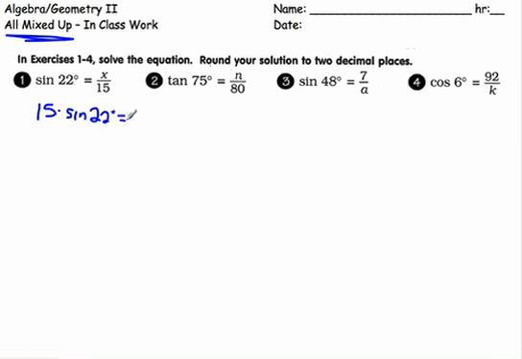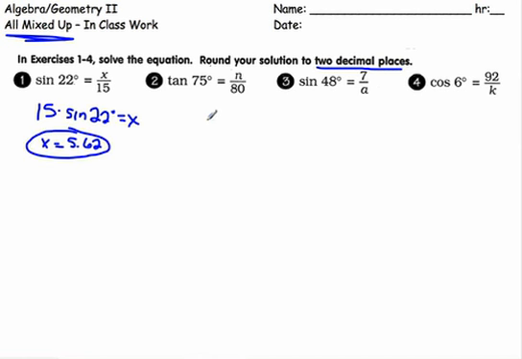That'll just be whatever's left on this side. It's just x. If we put that into our calculator, we should get x equal to 5.62. The reason I rounded it this way is that the directions said to round to 2 decimal places. That means 2 places after your decimal.